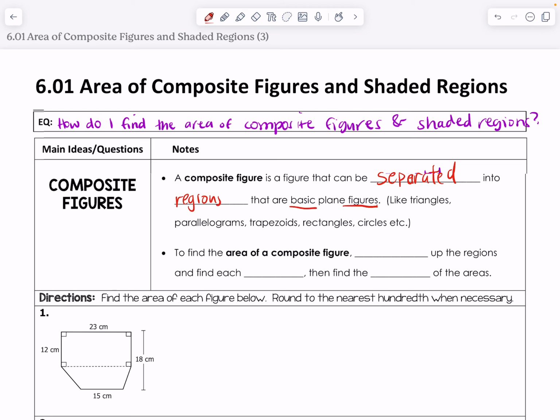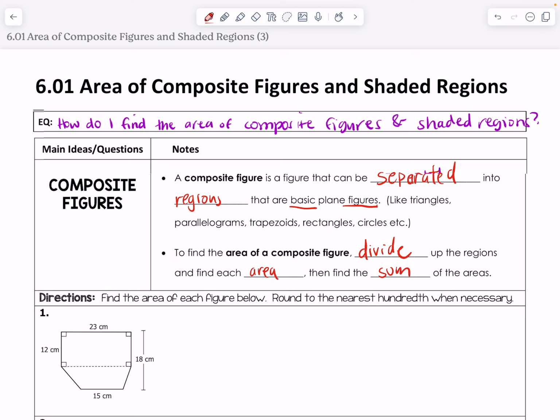It's like something that's confusing, but we break the confusing part into squares, triangles, circles, and whatnot. To find the area of a composite figure, divide up the regions and find each area. Then find the sum of all the areas.